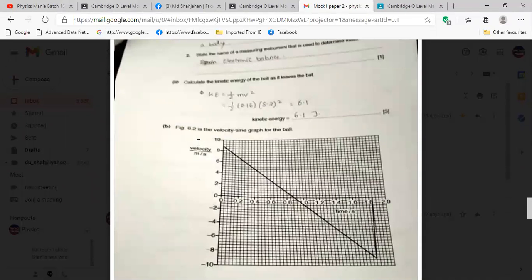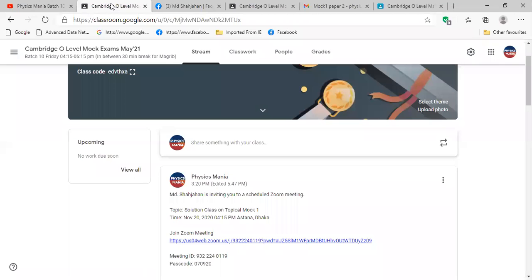Are you sure? Let me check again. You are doing the same wrong like before. 1, 2, 3, 4. I see it's 8.8. Oh, yes, sir. 8.8 it will be because 2 divided by 5 is 0.4. So 0.4 plus 0.4 plus 8, 8.8.